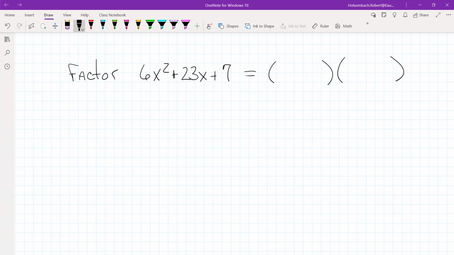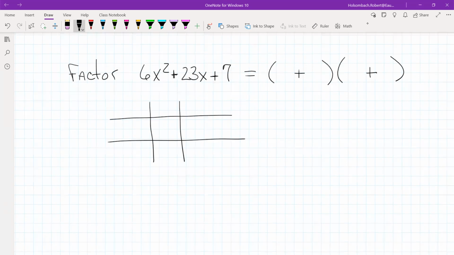And since the middle term is positive and the last term is positive, both of our factors are going to be positive. So now I'm going to use this matrix technique. And I'm going to cross out this upper left box. We're not going to use it. And the factors that go in this box and this box need to multiply to 6x squared.